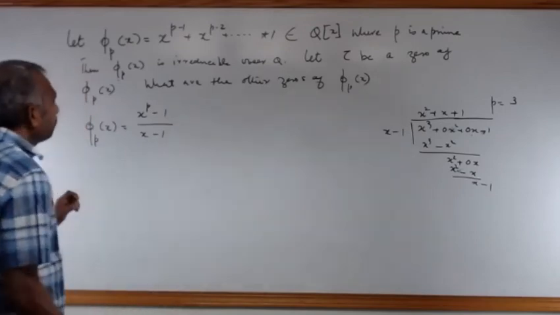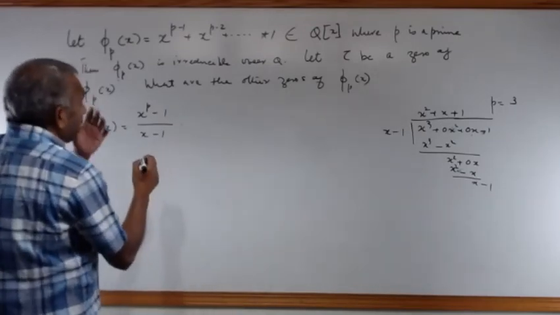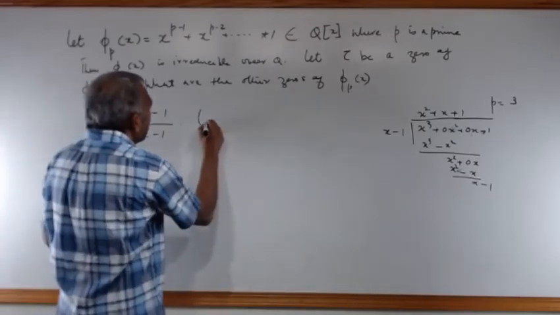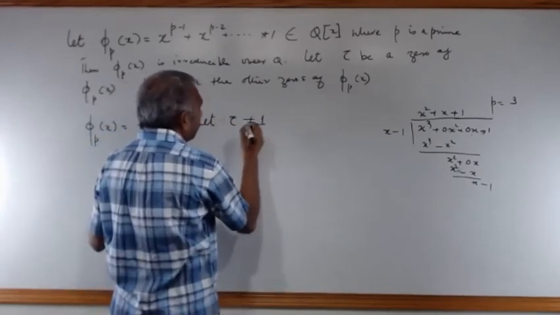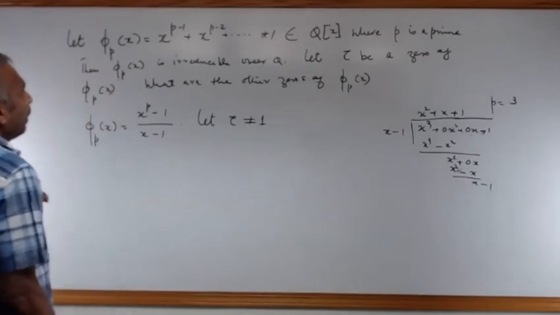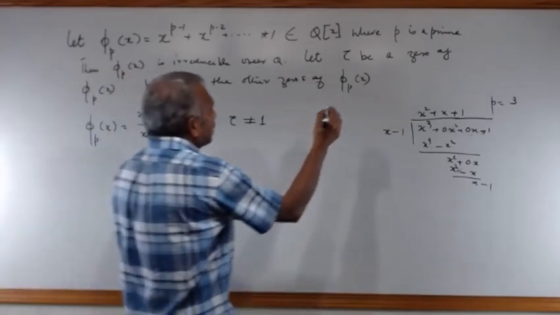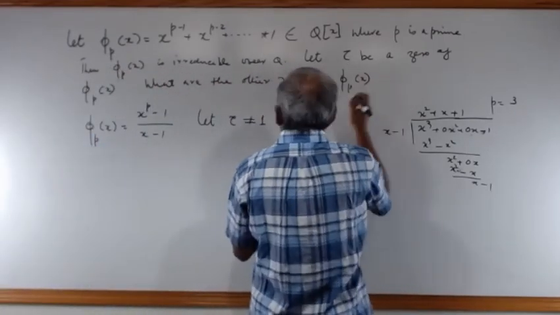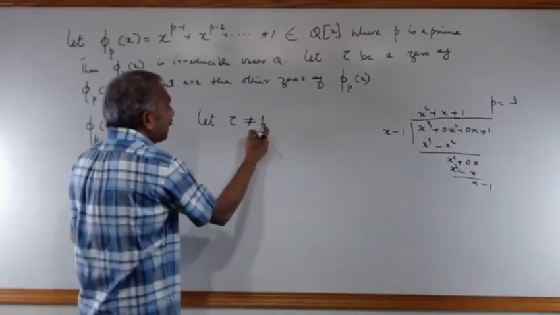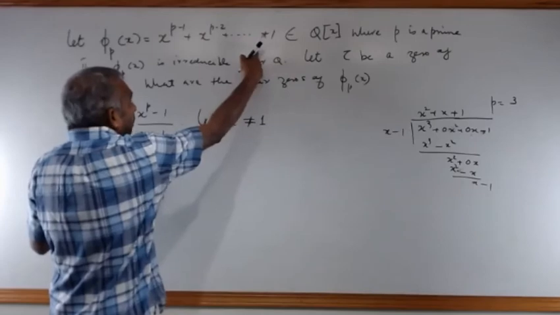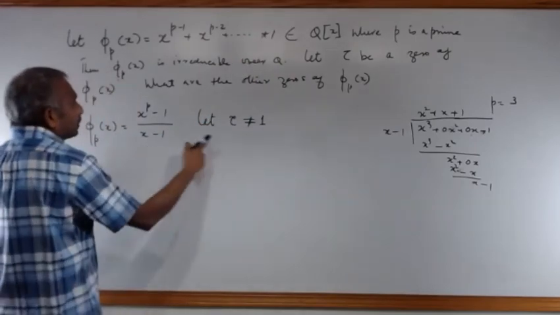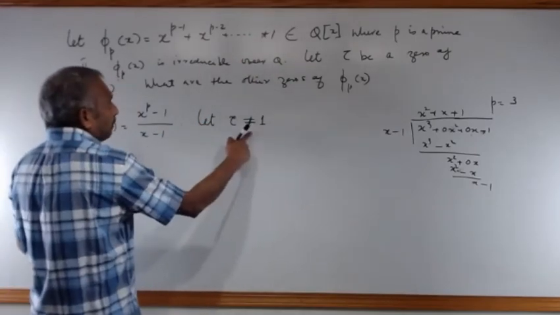Now let ψ not be equal to 1. I am actually assuming that ψ is not equal to 1, because if ψ is equal to 1, this cannot be 0. So ψ is not equal to 1.